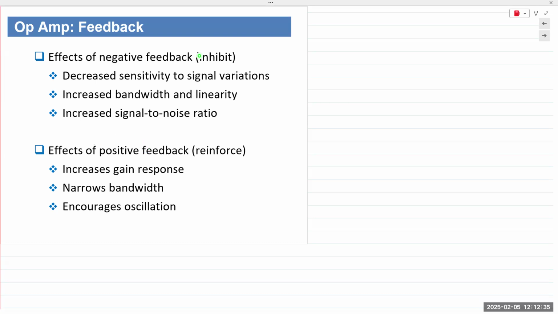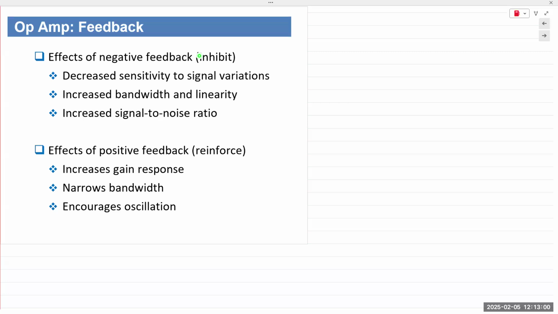Okay. Negative feedback inhibits the output. Okay. And there are a few things that happen due to negative feedback. And then positive feedback enhances or reinforces. And there are some results due to positive feedback also.